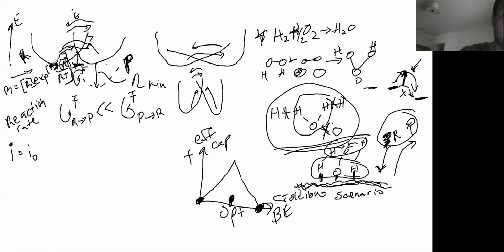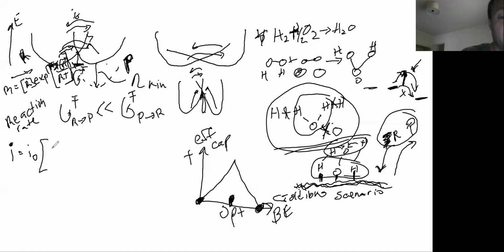Sorry, my writing's getting kind of crazy here. If you did that and did the backwards reaction, because it's exponentially related to this height, you'd basically get this Butler-Volmer equation.